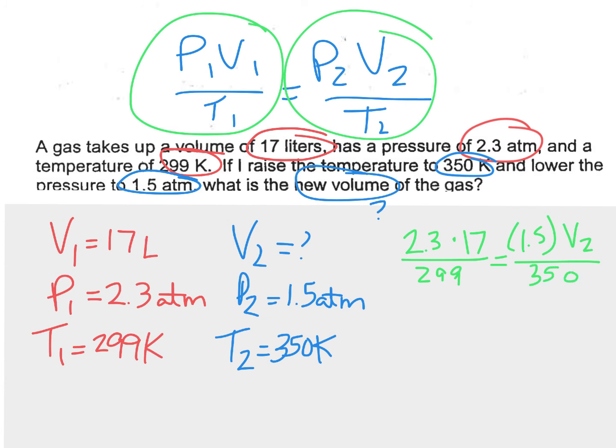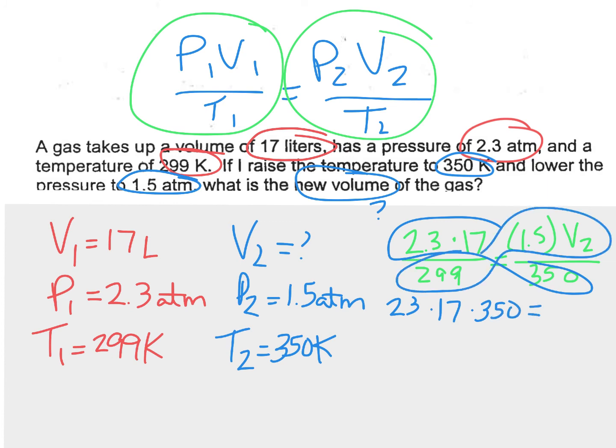Now that I have that, I can do my crisscross method if I want, which I'll do. It just seems what a lot of students like to do. So that's going to be there. And then 299 times 15 times V.